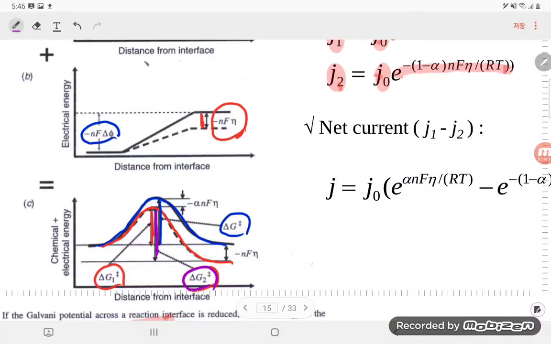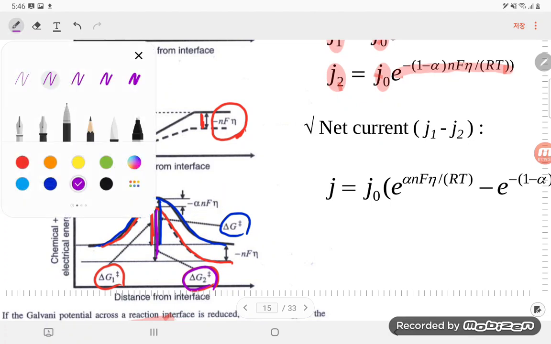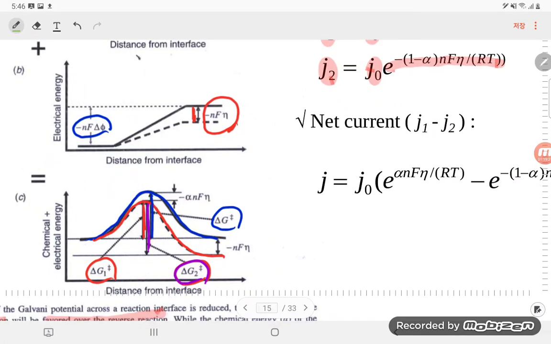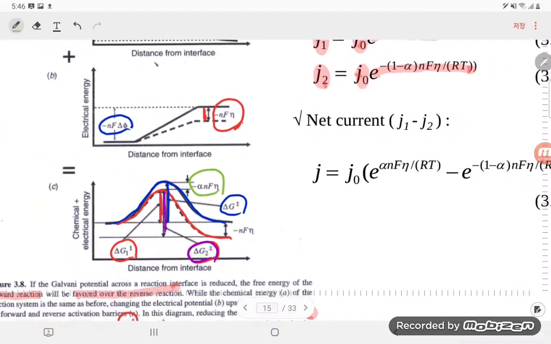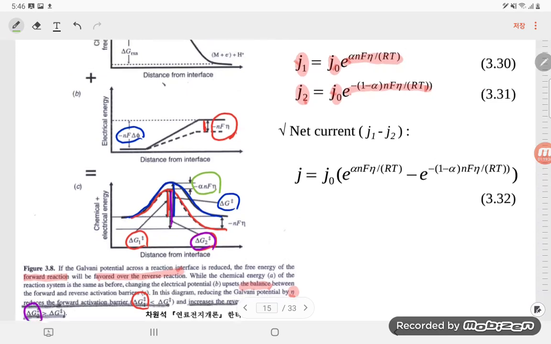But let's check this one. This amount of the electrical potential is reduced for the delta G2. So how can you express this one?